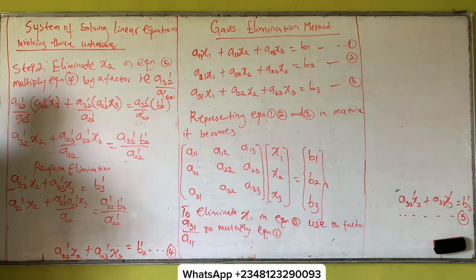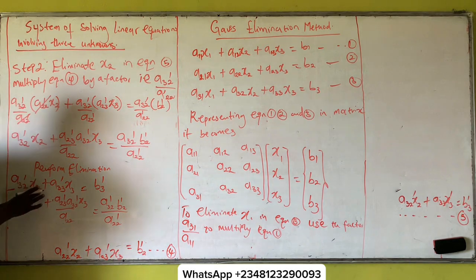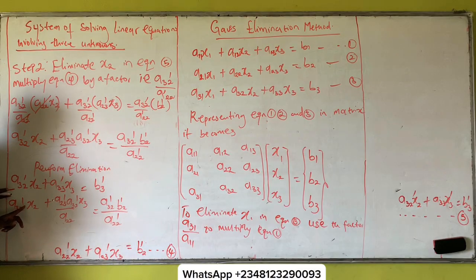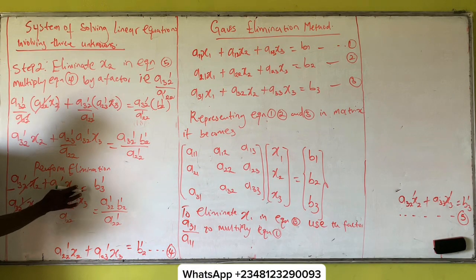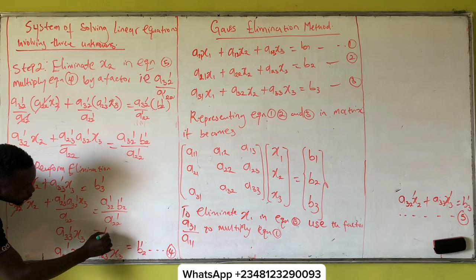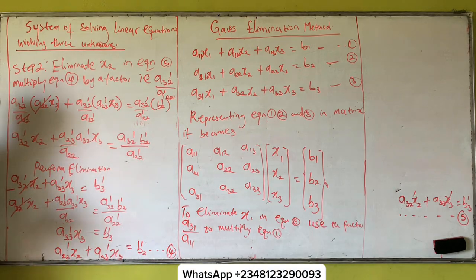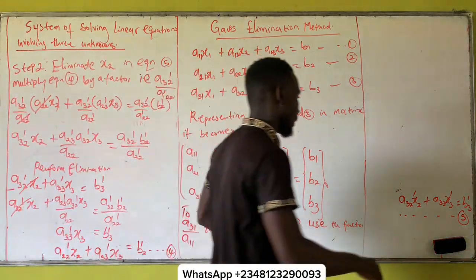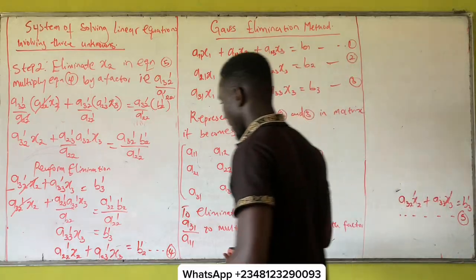Now from here, you subtract A32 prime x2 minus A32 prime x2. You are going to have what? 0. Now if this one subtract from this, you are going to have A33 prime x3 equal to B3 prime. We are going to have this.